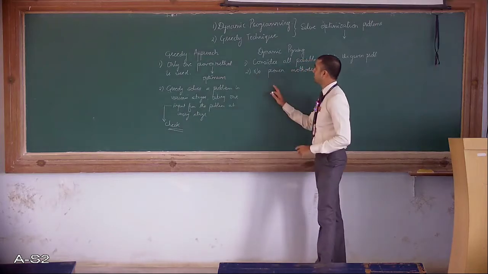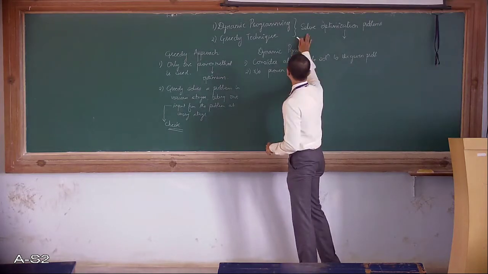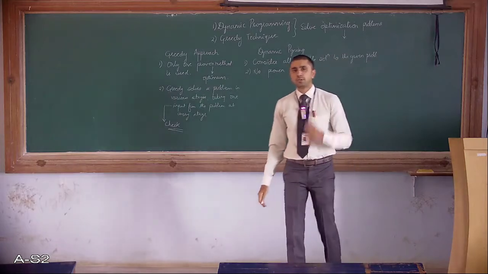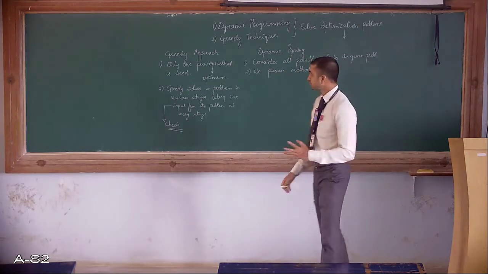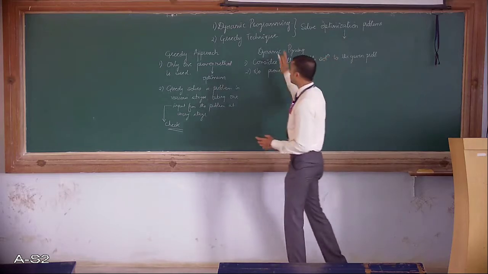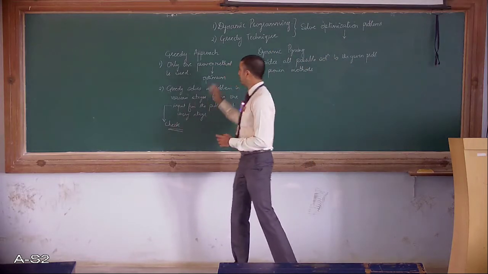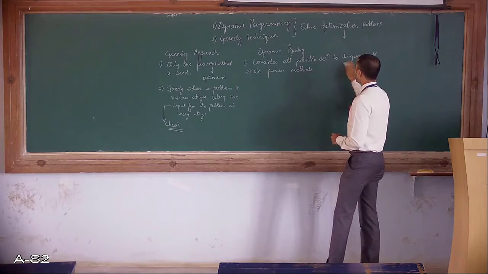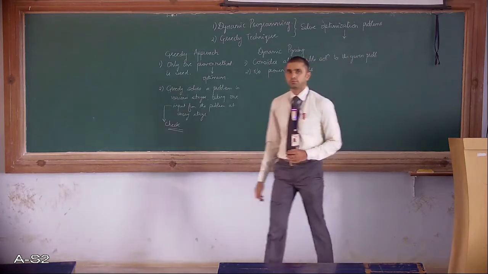Both these techniques are used for solving optimization problems or to derive an optimum solution for a given problem. The approach is different, but the goal is the same. Now, what are the differences? Dynamic programming considers all possible solutions to a given problem.